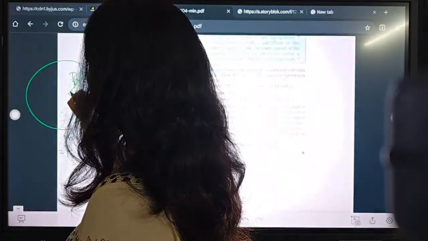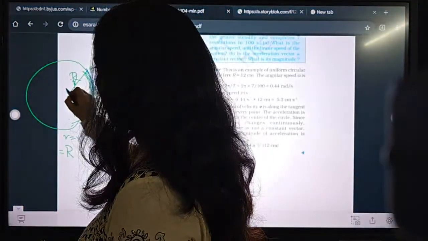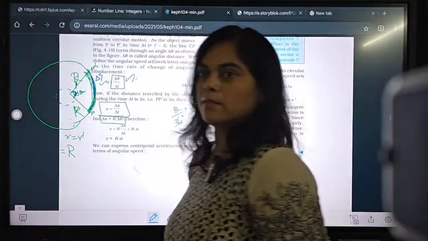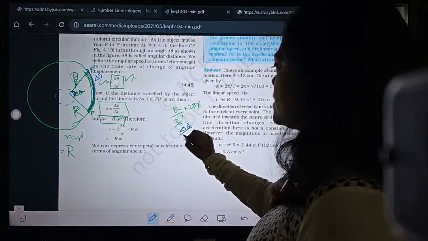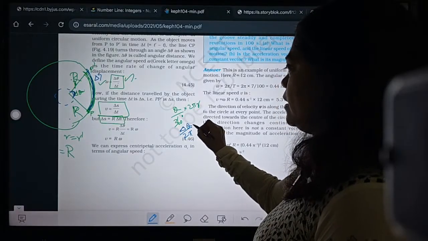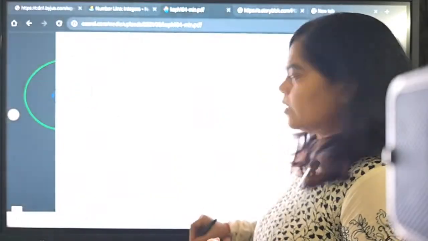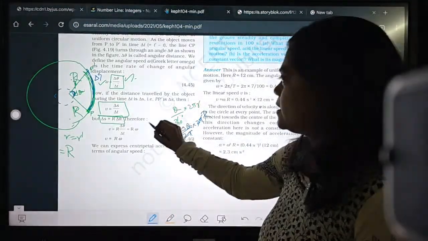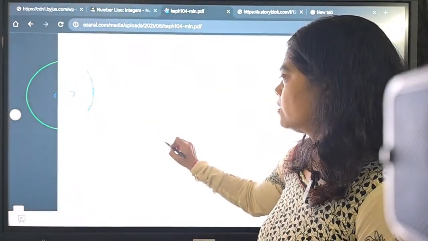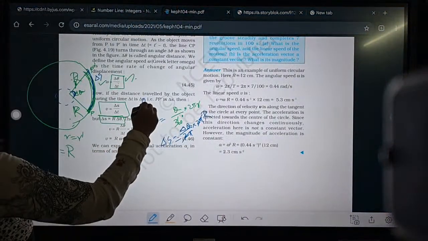And this part is the central angle, delta theta out of 360, times 2 pi capital R. So 2 pi gets cancelled, leaving delta theta into R. So delta S is equal to the length of an arc.